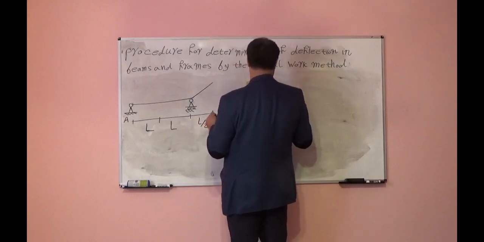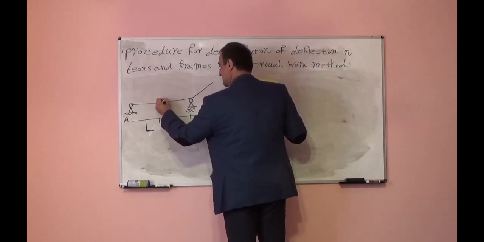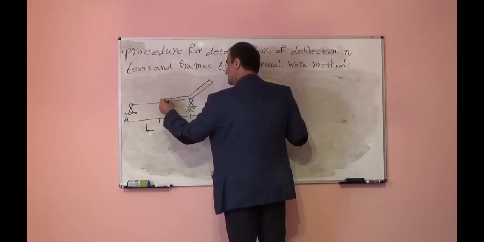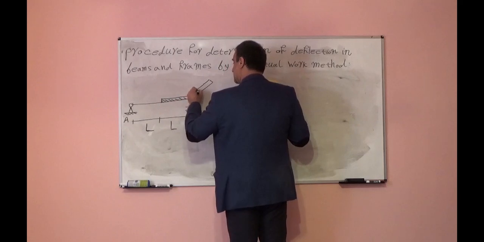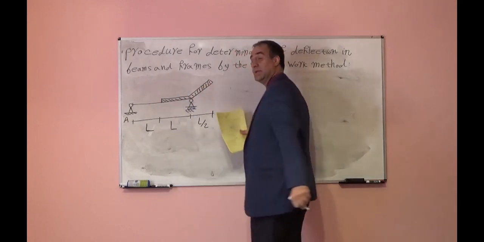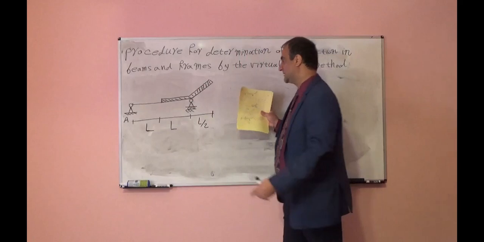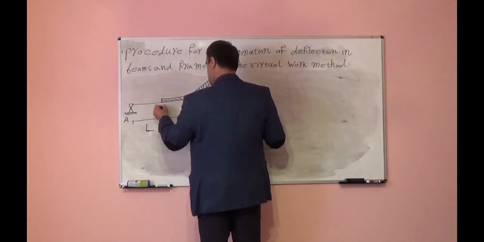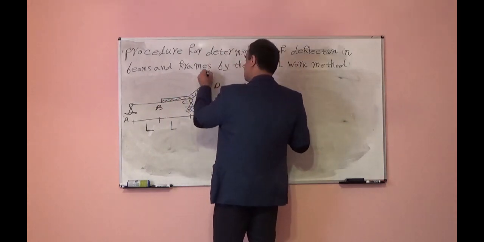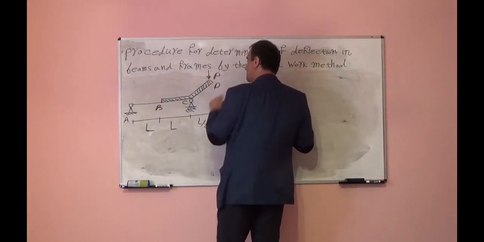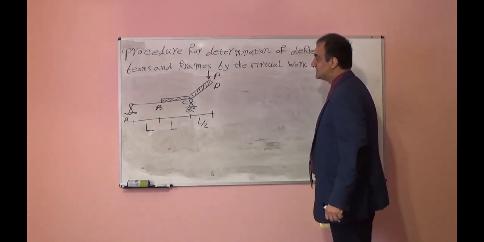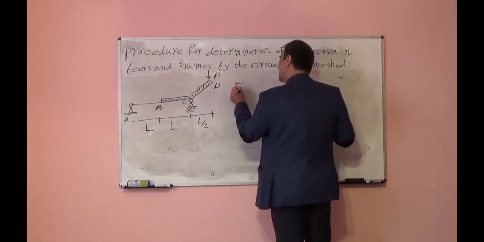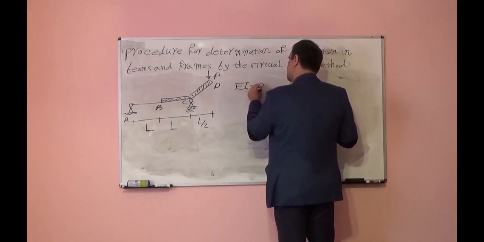So it will be L over 2. This part of the beam is rigid. Rigid means EI goes to infinity. The cross-sectional area is very big if we compare with the other part. So A, B, C, D. Here we have point load P. For BCD part, the cross-sectional area is very big, so EI goes to infinity.